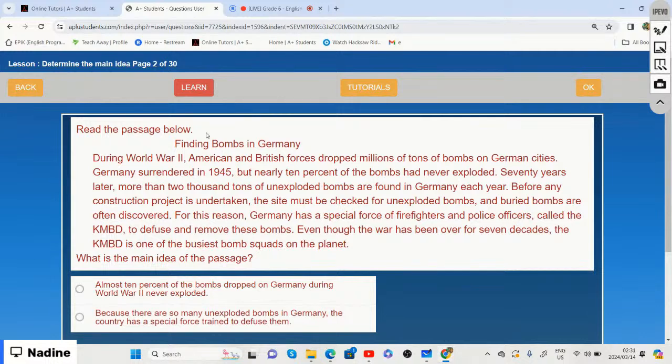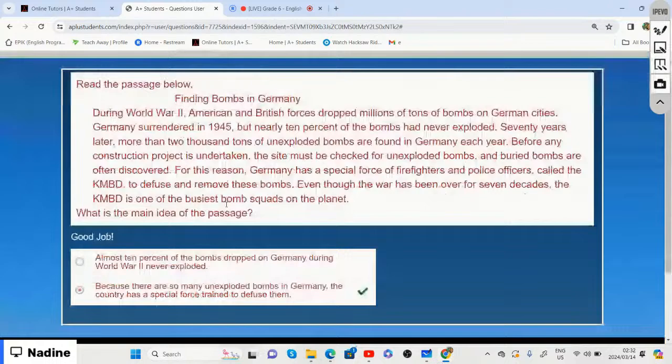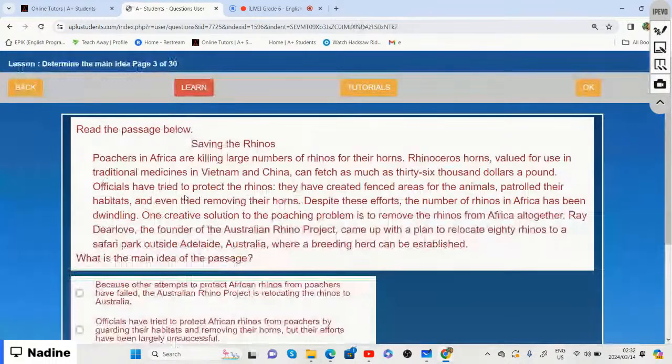If we are going to select the correct option, we're going to go with option two, to show that Germany has special forces of firefighters as well as police officers to defuse them. And that is correct. So well done. Option two is correct.